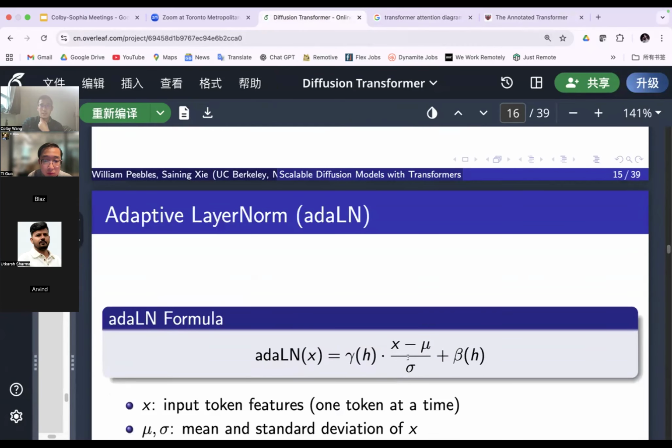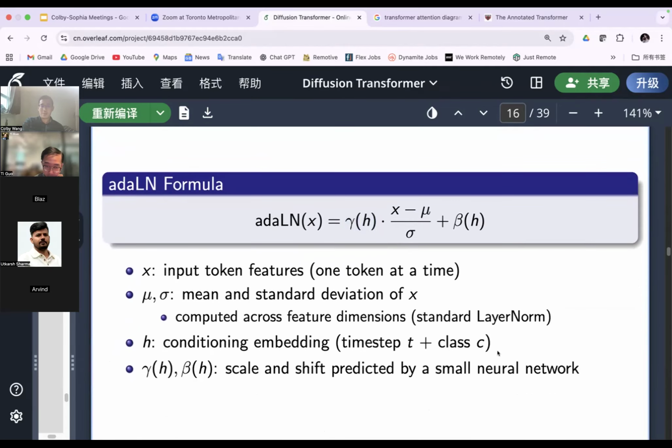Normalization is x minus mu divided by sigma: given a vector x, we subtract the mean and divide by the standard deviation. This adaptive normalization is we want to shift the distribution and also either expand or contract it. To do this, we multiply the resulting vector x by some scalar gamma and shift it by some value beta.